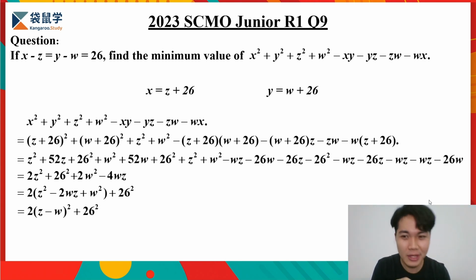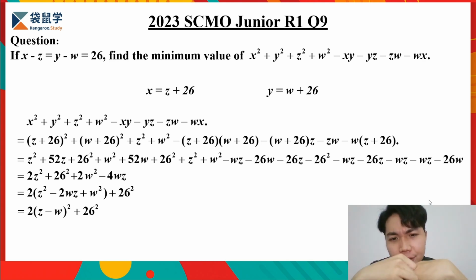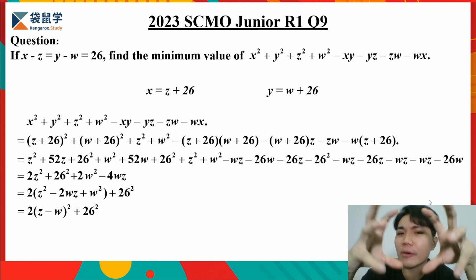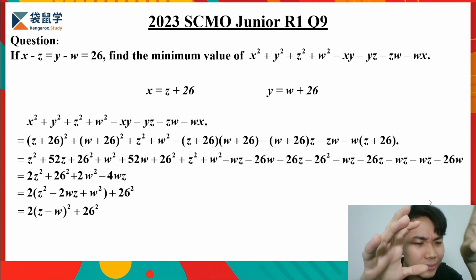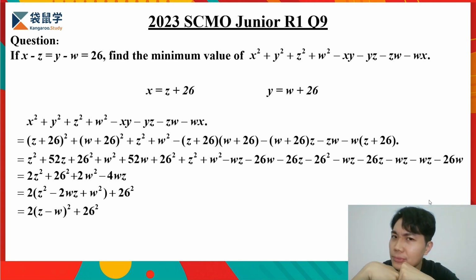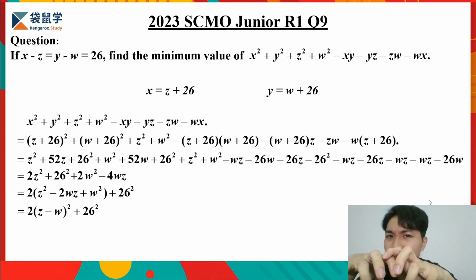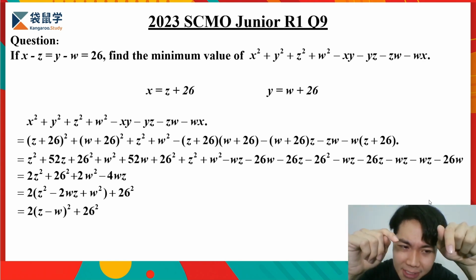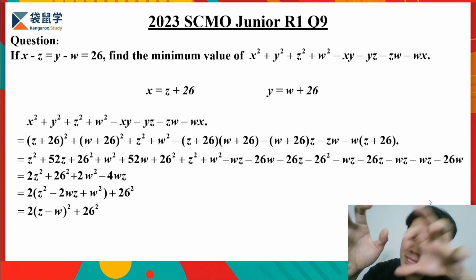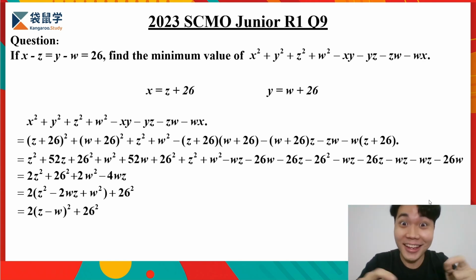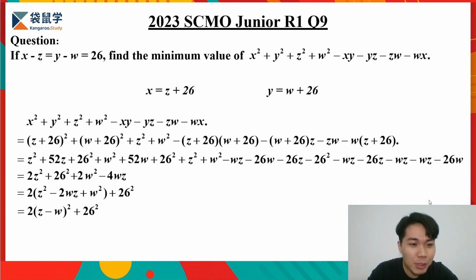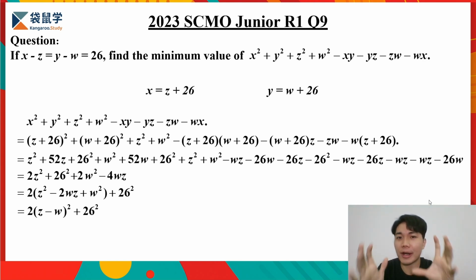We are so close. So in order to solve this question, to find the minimum value of something, we have to think about it. If we have a square, what is the minimum value? If I take negative times negative, it will be a positive. And positive and positive, also positive. So the smallest value of a square is actually 0. So we want z minus w, that bracket, to be a 0.